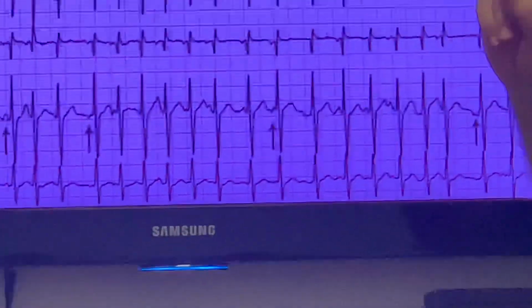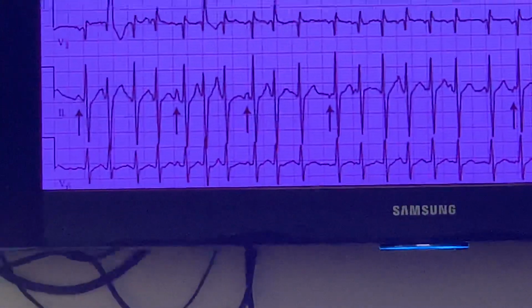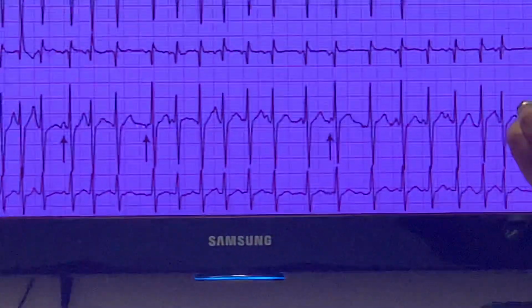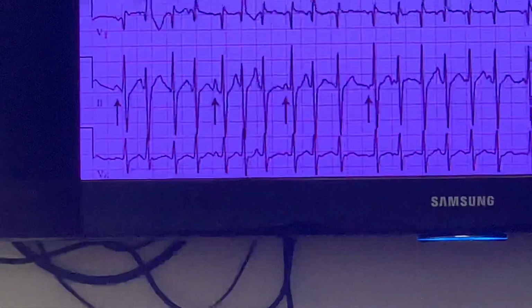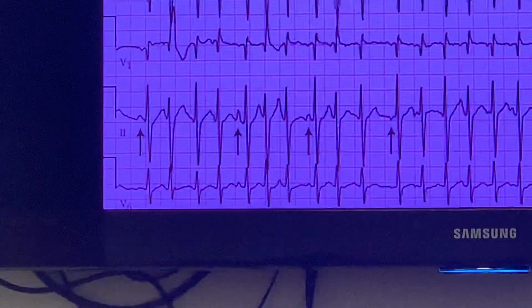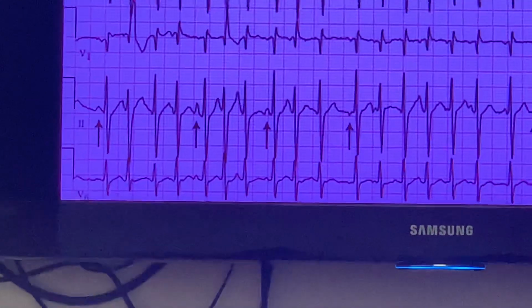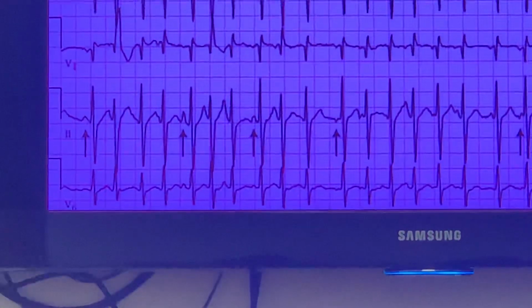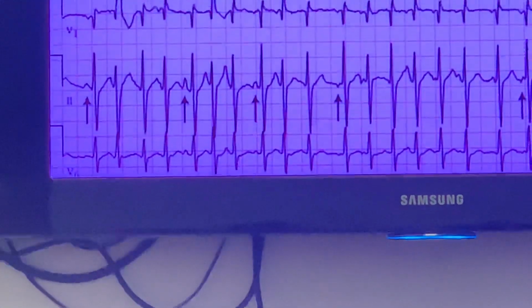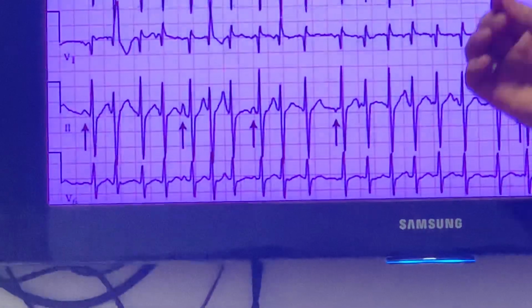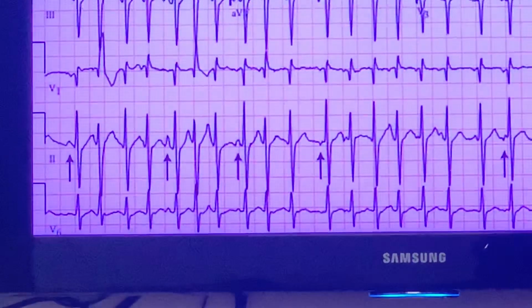More than 2 different morphologies in P waves gives the diagnosis. It means not 2, more than 2, 3 and more, to make it simple. Different morphology tells you there are some other focuses generating the P wave other than the SA node.